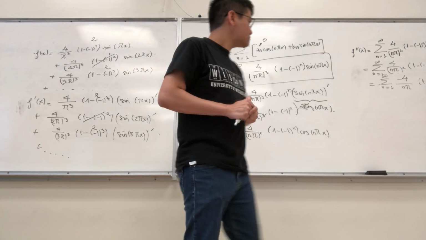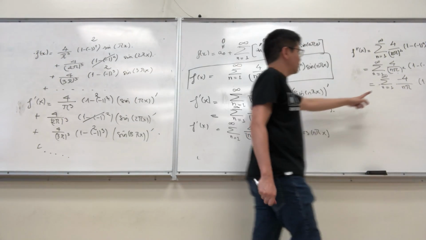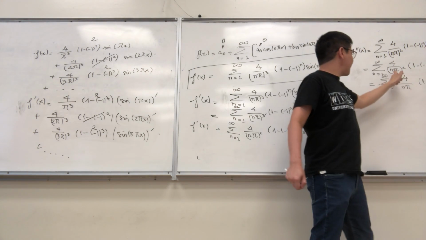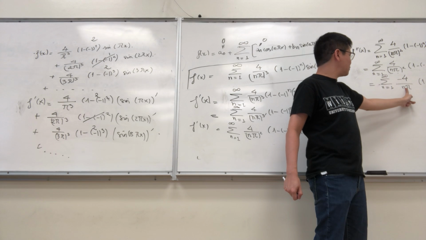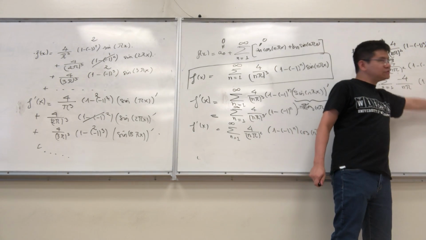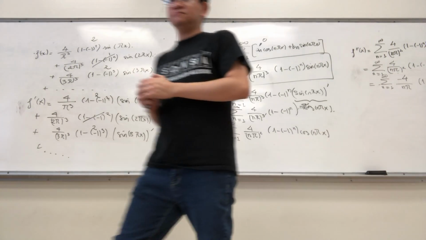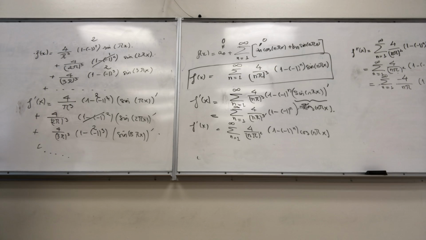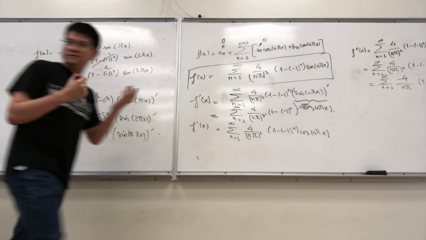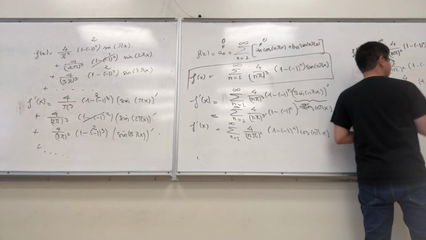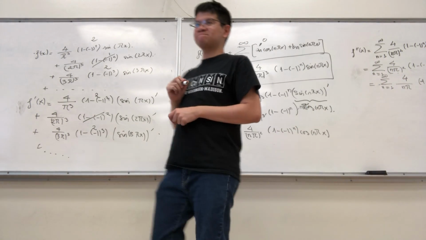Now I have n pi squared here and n pi here, so here I have only one n pi. The minus goes here, and everything else is the same. Can we move that negative sign to the 1 minus negative 1 at the end? Yes, it's the same, easier to read. So you can put it here or you can put it here. It's the same.